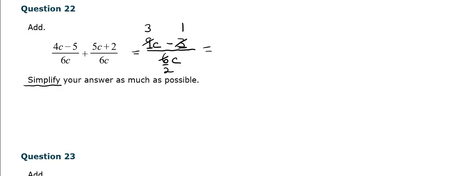So our final answer simplified would be 3c minus 1 over 2c. Now keep in mind, and I'm going to show you by putting this in parentheses, that 3c minus 1 cannot be simplified in parts. 3c minus 1 represents a factor. So I couldn't simplify by dividing these c's out. So our final answer again, 3c minus 1 over 2c.